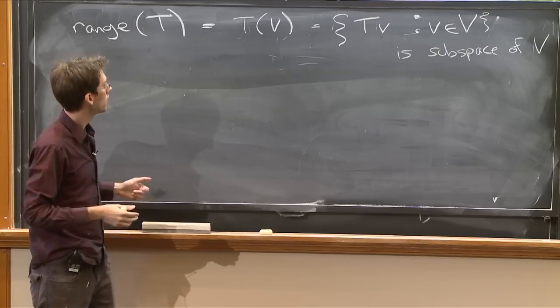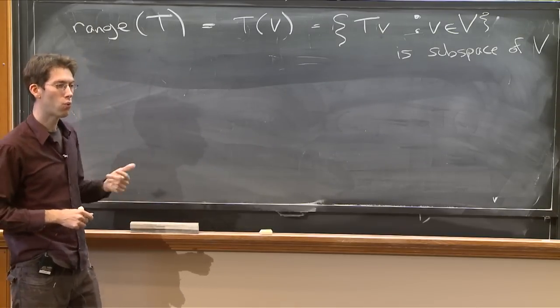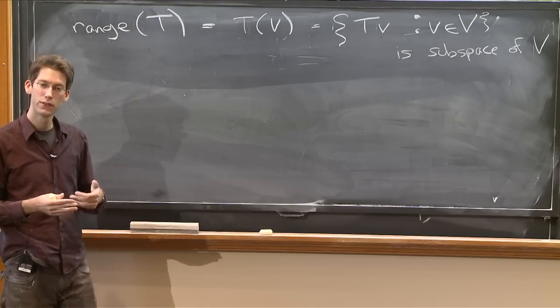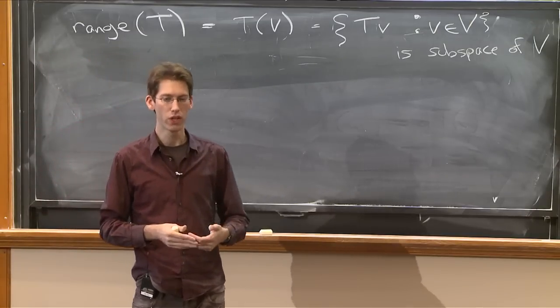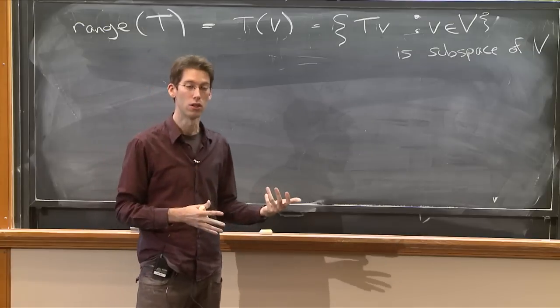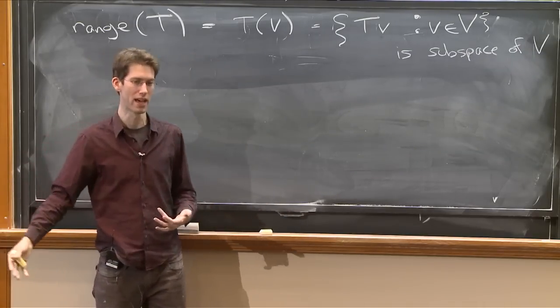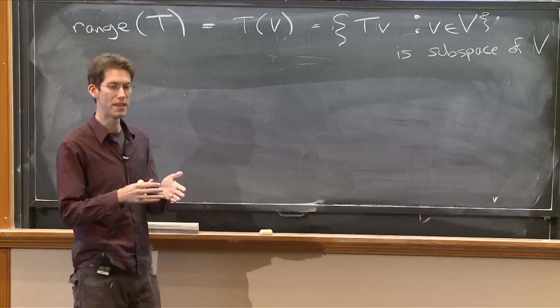It takes a little more work to show it, but not very much. If there's something in the output of T, then whatever the corresponding input is, we could have multiplied that by a scalar. And then the corresponding output also would get multiplied by a scalar. And so that too would be in the range.